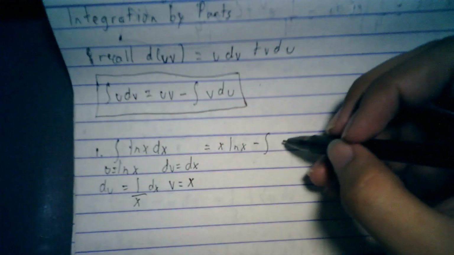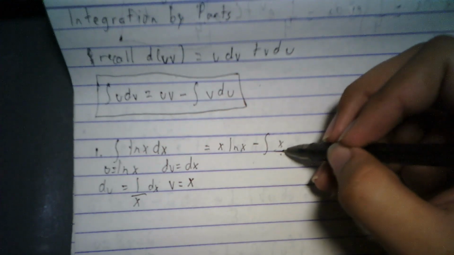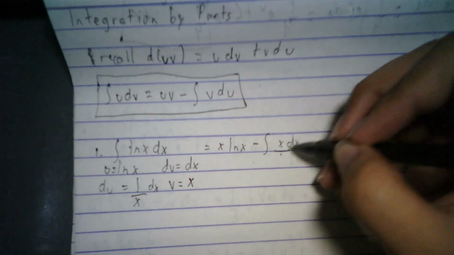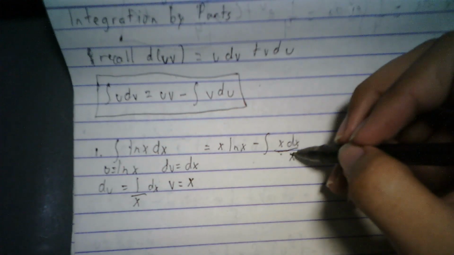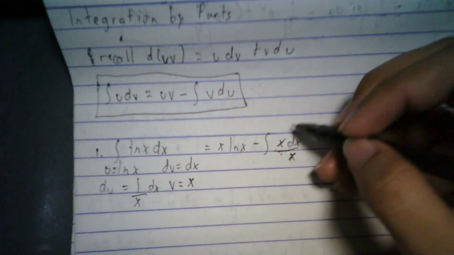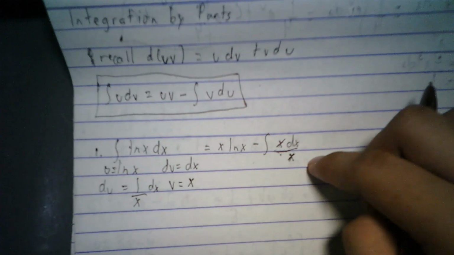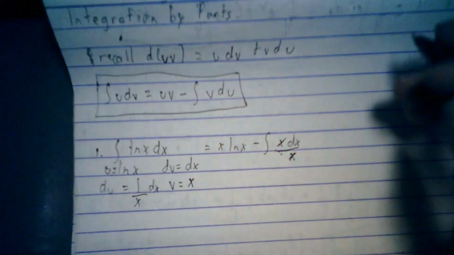So x over x, in the integral of this, we cancel this first, then the integral of dx is just equal to x.